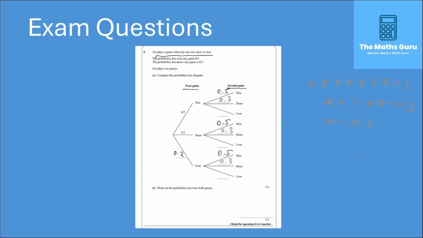Now, we also know we can fit in 0.2 here, 0.2 here, and 0.2 here. This is because in each one of these branches here, he can either win, draw, or lose, meaning that the total probabilities will have to equal 1 in every single one of these branches.